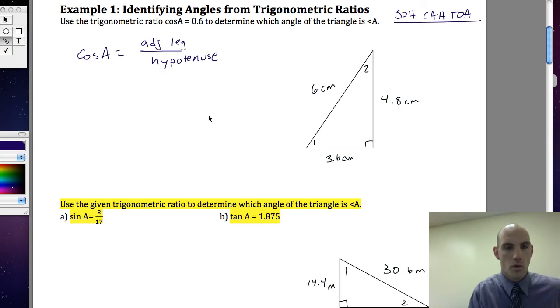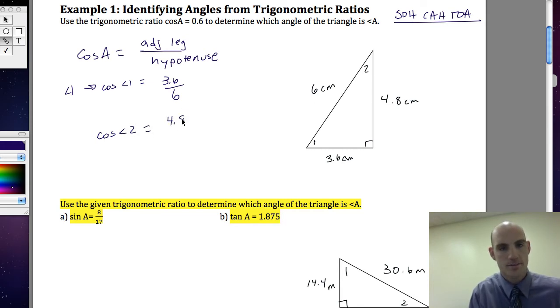Well, for angle 1, the cosine of angle 1 equals adjacent, so that's 3.6, over the hypotenuse, which is 6. The cosine of angle 2 is equal to 4.8 over 6.